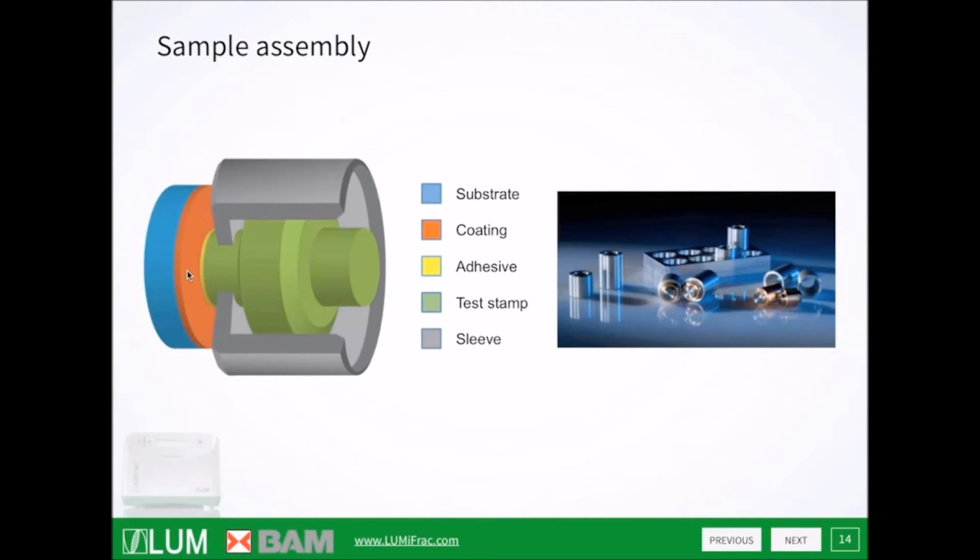There may be some coating in between, and this system is used to determine the fracture of the bonding. On the right side you can see how the system looks under normal conditions in the pictures, and now we will first show you 2 slides regarding the physics behind it.